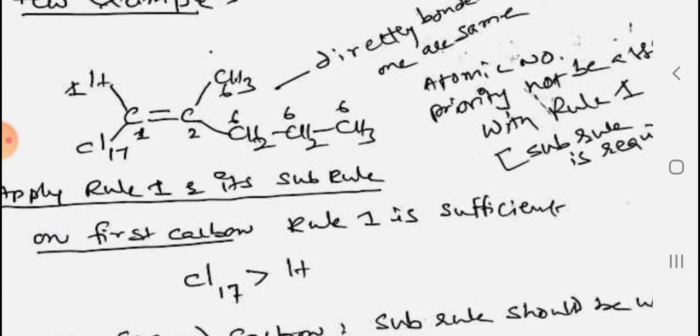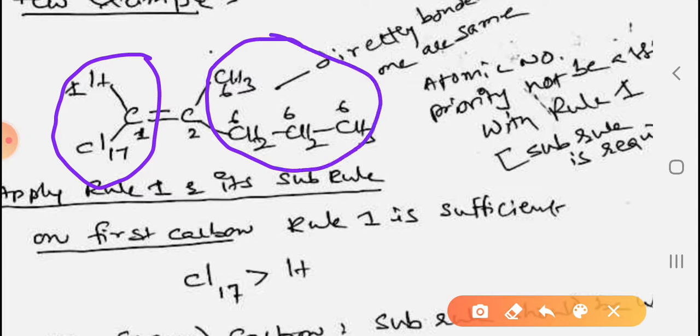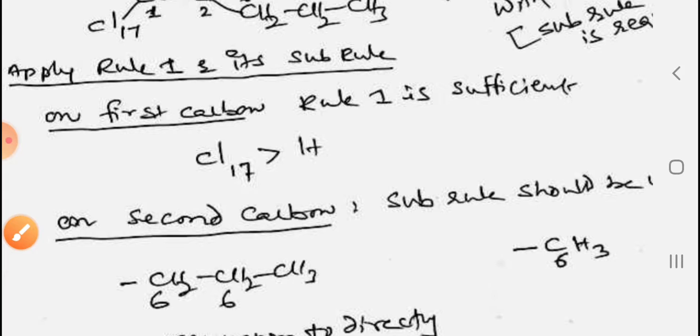In this example, this is with only the first rule. This is along with the first sub rule. We can decide the cis centers. According to this, it is first one. It is Z isomer. Over. So I have given the explanation here. Apply the first rule to the 1. On second carbon, the sub rule should be used.